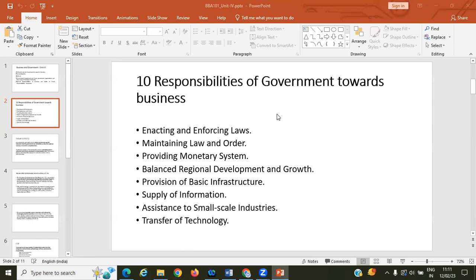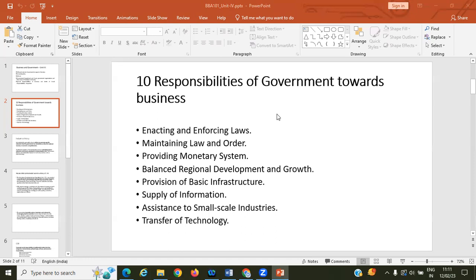If you don't have transportation, roads, electricity, you cannot open a business there. So government is working on that and is responsible for providing the infrastructure.